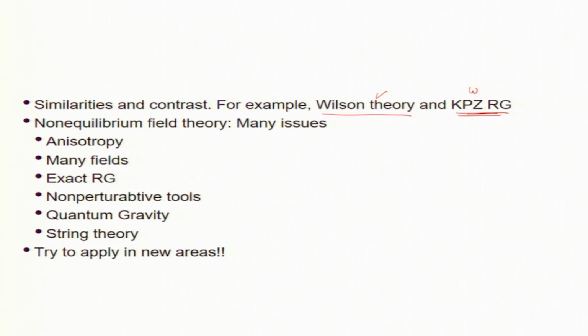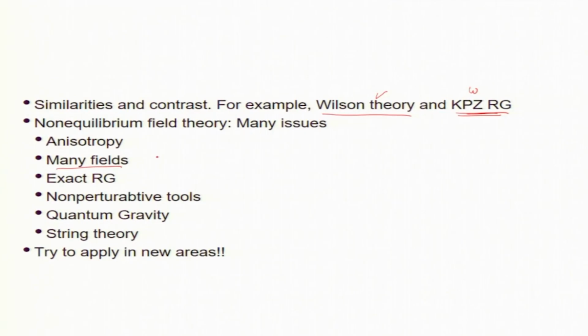So, the issues which are still part of unsolved problems include activities and anisotropy. As I said, if I apply a temperature gradient, then the field theory becomes anisotropic, or apply gravity, then doing field theory is complicated.